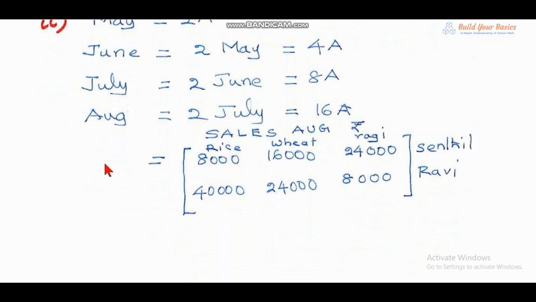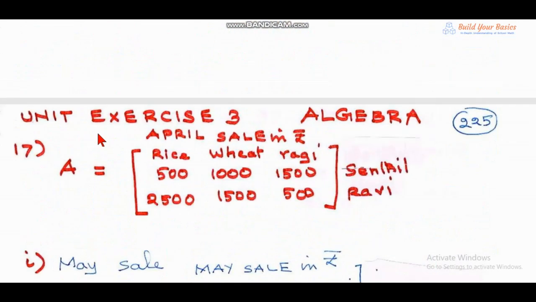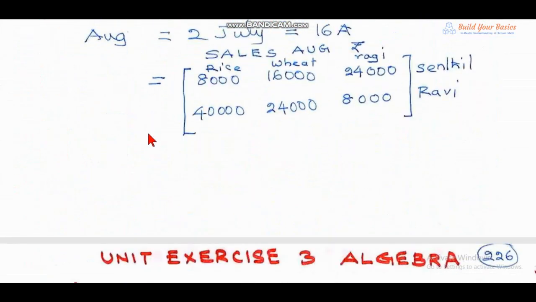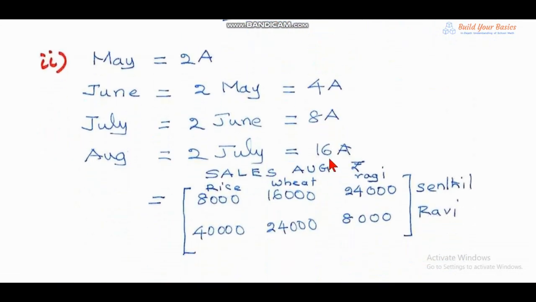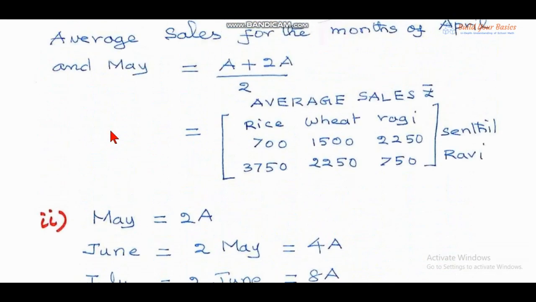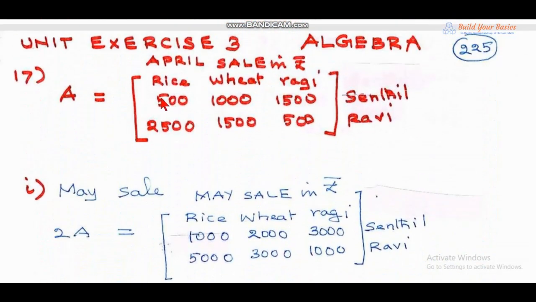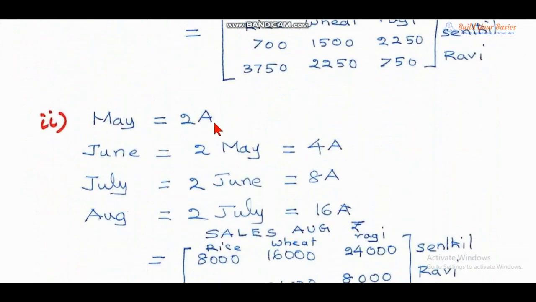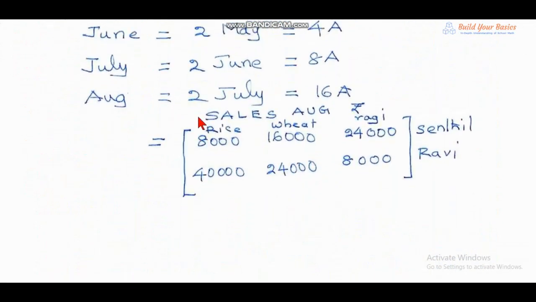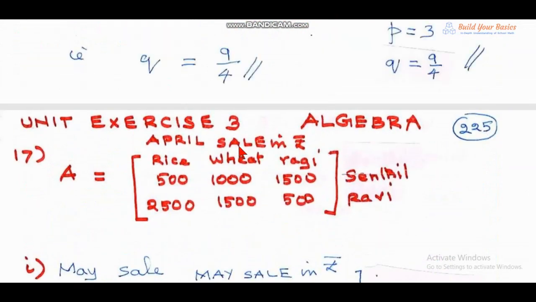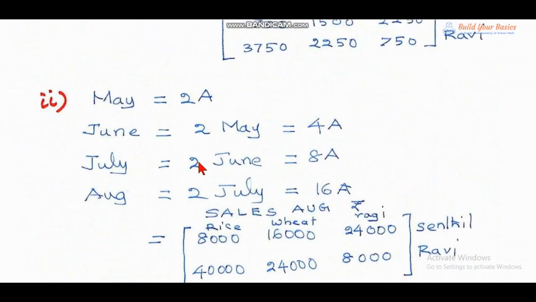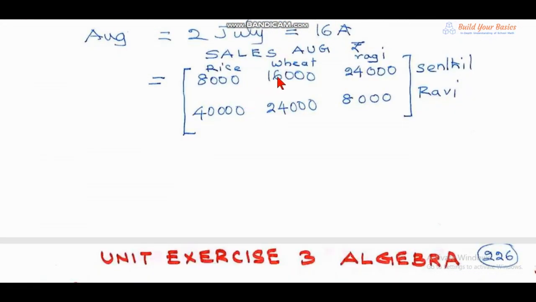That is the sale for August. We have multiplied each element of that A matrix by the number 16. 16 into 500, that is 8,000. 16 into 1000, that is equal to 16,000, and so on. So this is the answer.